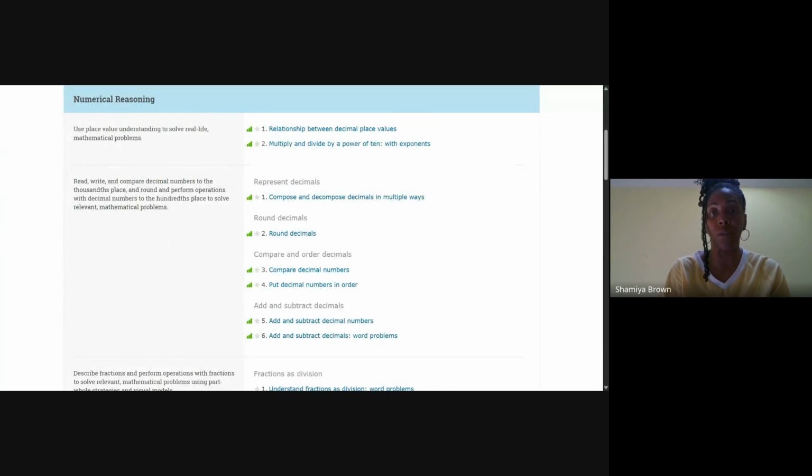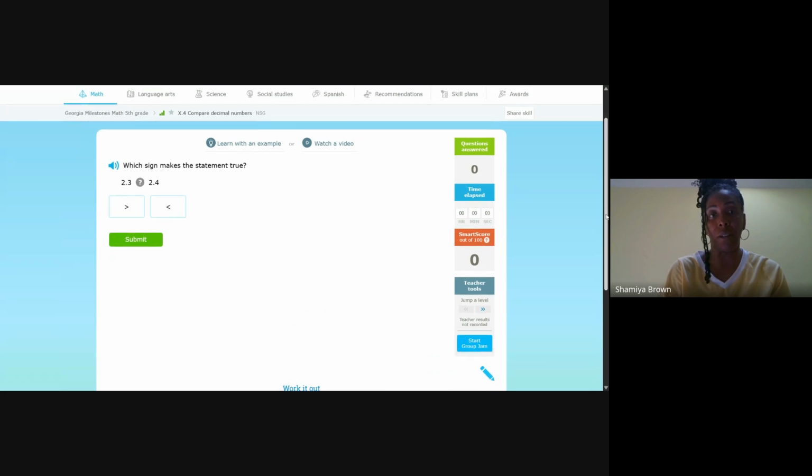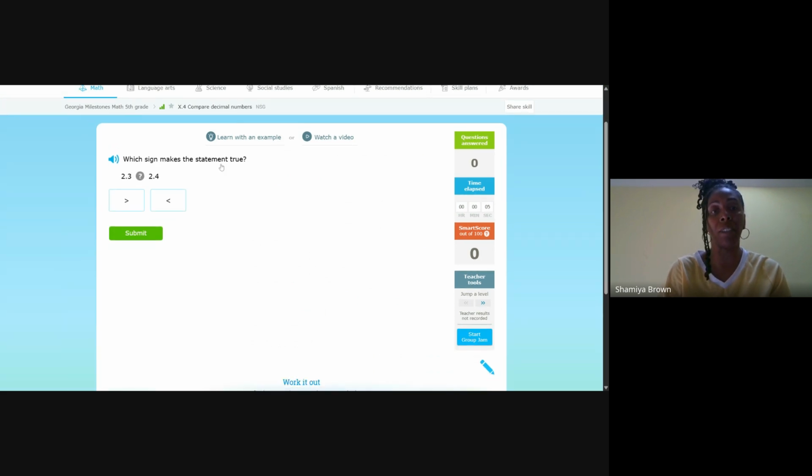And then the next one is compare and order decimals. It says, which sign makes the statement true? 2 3/10 is what to 2 4/10? Well, if I'm comparing decimals, I know my 2 and 2 are both the same so far. Then I look at my tenths place to see which number is bigger, and the 4 is bigger than the 3.